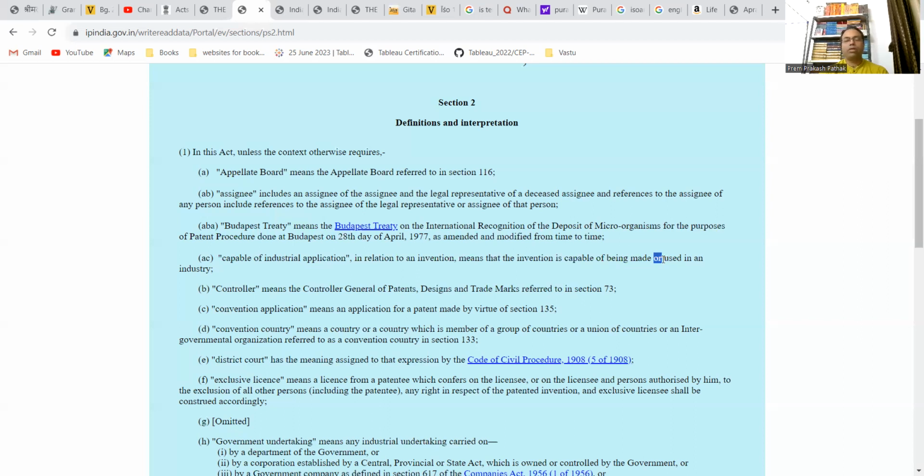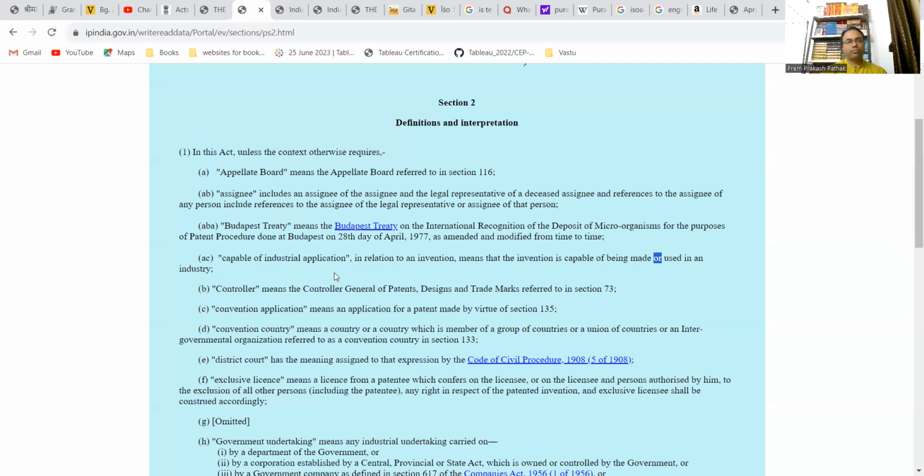They may confuse you by writing "and". So remember that this is not "and", this is "or". Capable of being made and used in industry is not correct, it should be "or". "And" is not correct, either of them. So any invention should be used in industry, or it should be able to be made in industry.